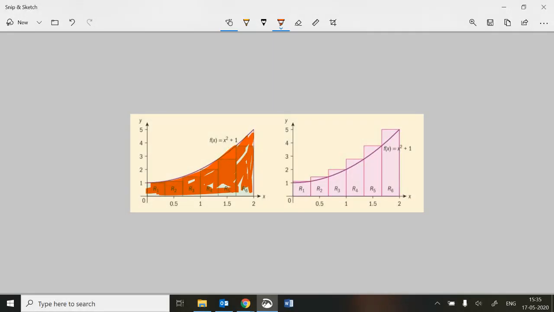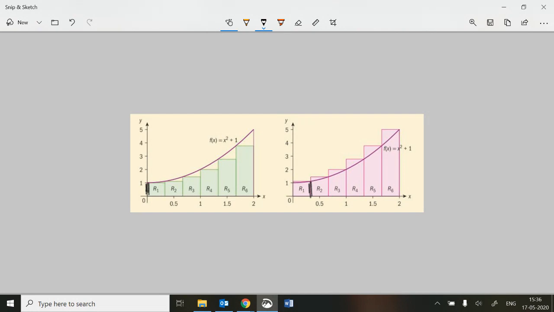On the left-hand side, you can see that we have these green bars. If we added these green bars together, we'd have an underestimate in this case. And to the right-hand side, we have an overestimate. That's because they're taking the start height of each of the bars in the first case, and they're taking the end height of each of the bars in the second case.